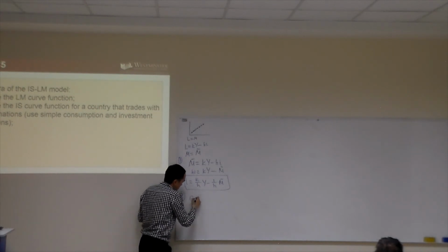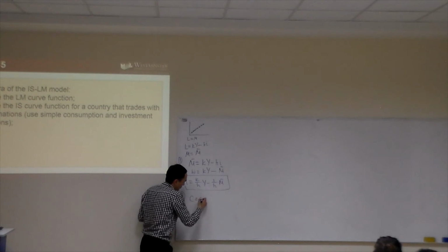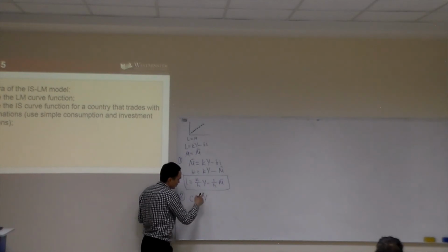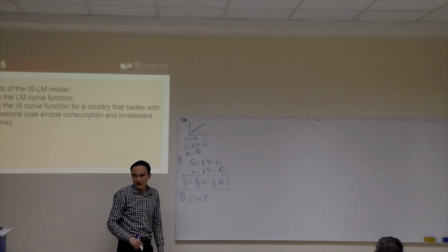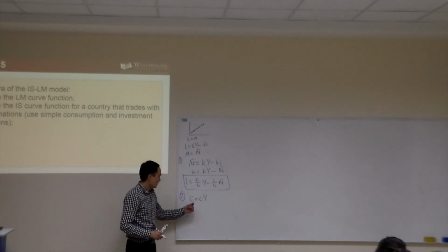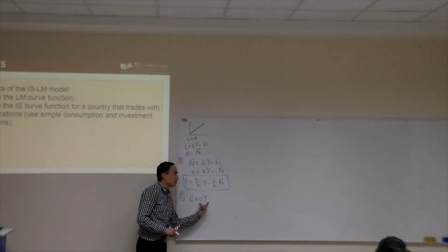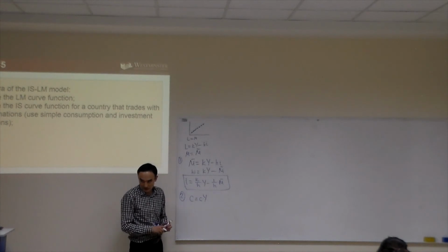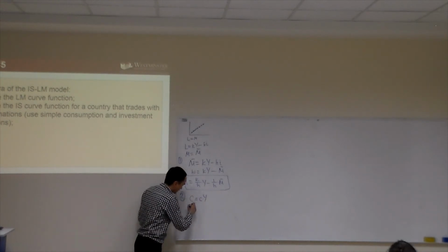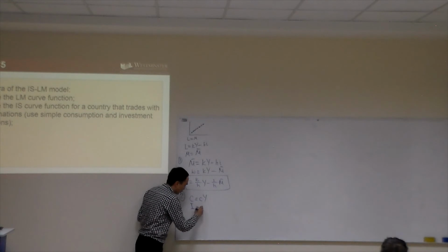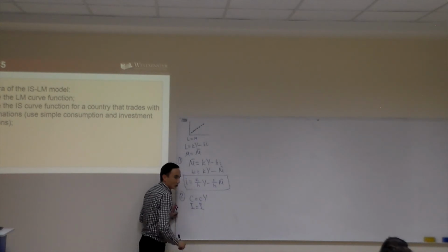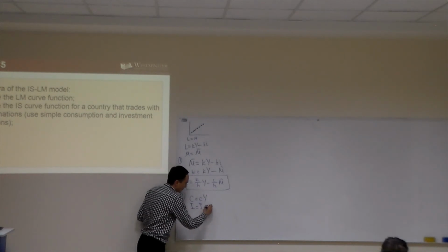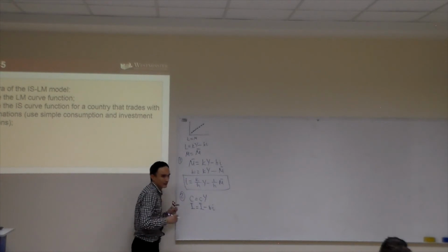Simple consumption is equal to marginal propensity to consume times Y. This is a simple one. The extended one is that consumption depends on our income plus our expected income. That one is extended. We are not considering that one. An investment function, the simple one, depends on autonomous investment and on the interest rate.